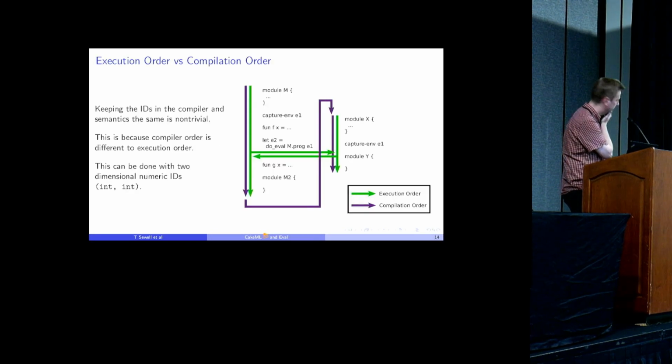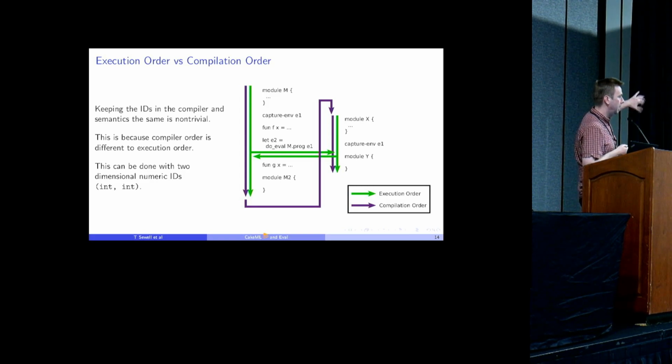There's a bit of a complication here, though. One of the headaches that Eval introduces is that the order of execution of the compiler is now quite different to the order of execution of the semantics. So we have a program on the left that's going to do an eval.